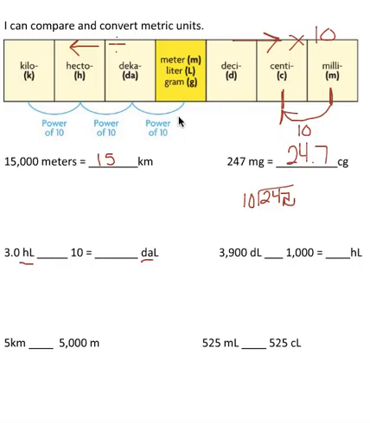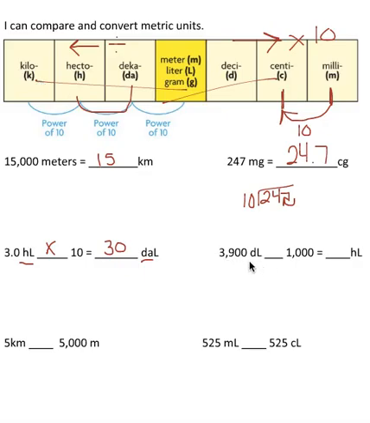If I'm going from a hectoliter to a decaliter, I'm going to the right by 1, so that means I'm multiplying by 10. So 3 times 10 would equal 30. So that's the easiest way for you to remember. If you move to the right, you're multiplying, to the left, you're dividing.